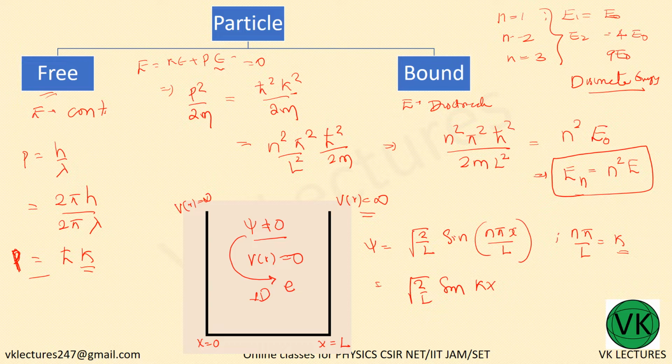When a free particle is inside a box, this particle is having discrete energy n square E naught.